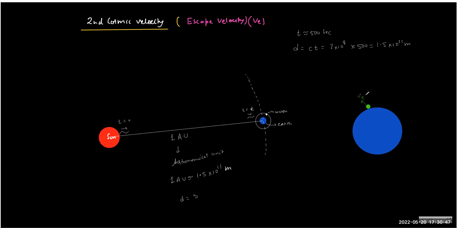The minimum velocity with which we must throw an object so that it will never return back to Earth is called the escape velocity. Return back means it becomes free from the gravitational interaction, so they stop interacting.